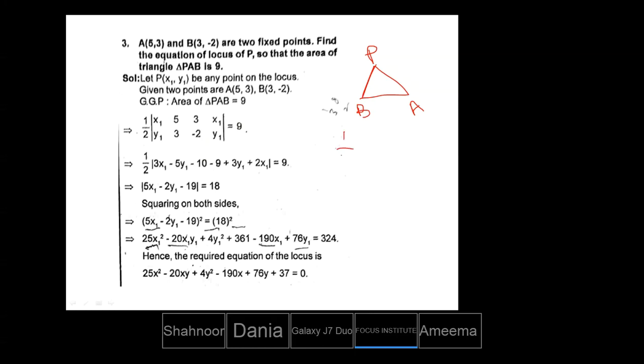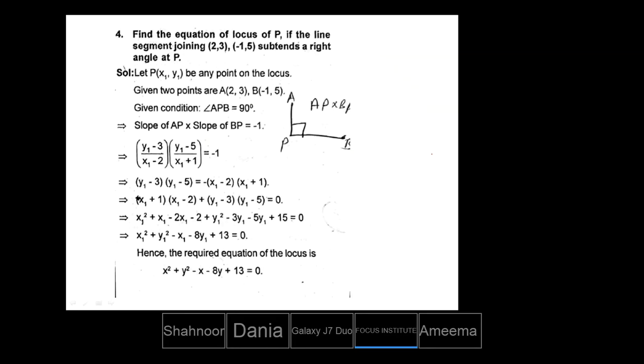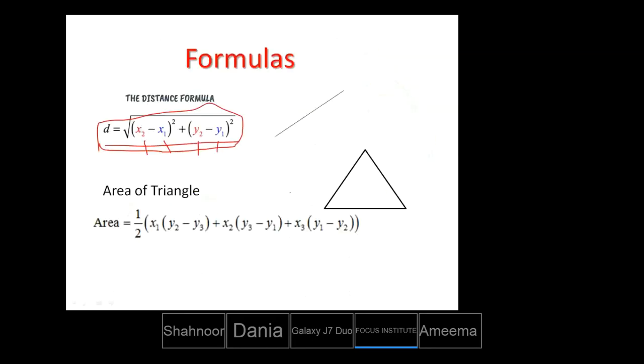So it is half modulus of, okay, the formula is already given over here. You have to apply this formula: x1 into y2 minus y3 plus x2 into y3 minus y1 plus x3 into y1 minus y2.